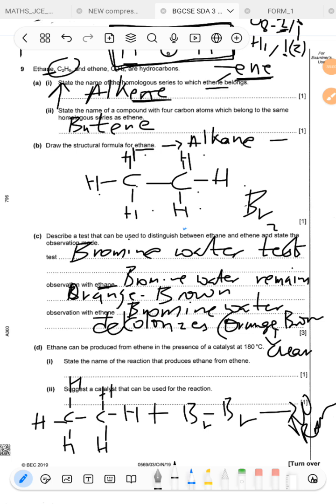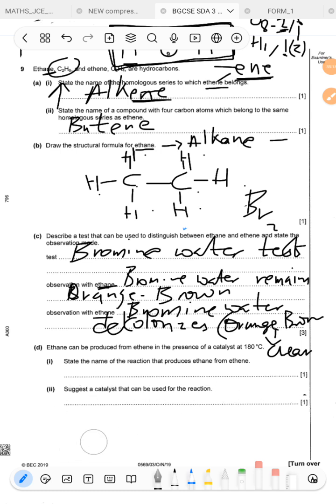Essentially there's no space to add the bromine onto this structure, so they can't react. This is why this reaction is not possible.